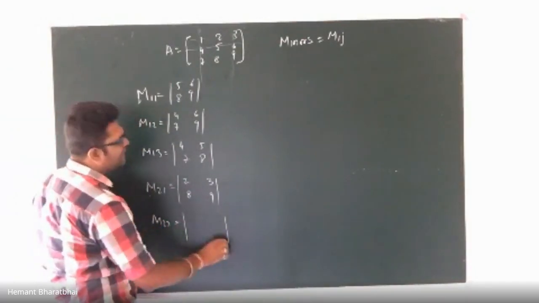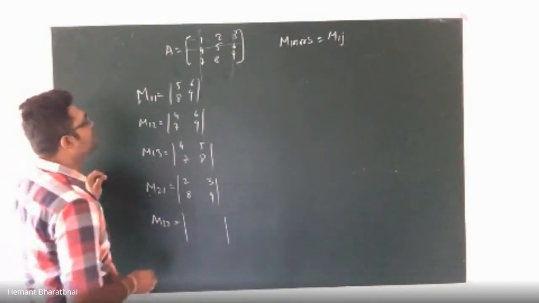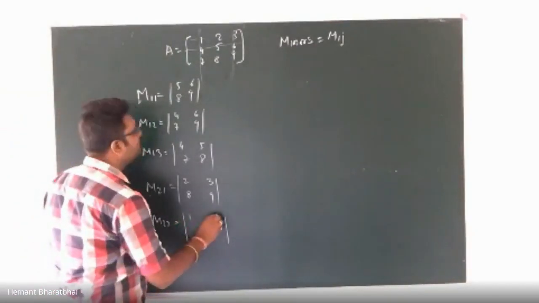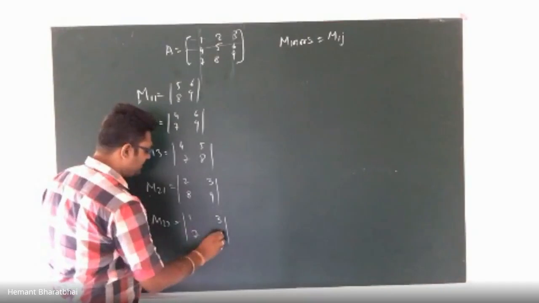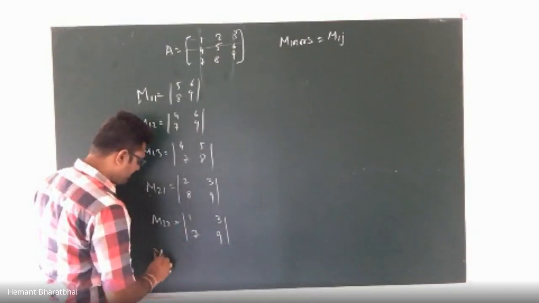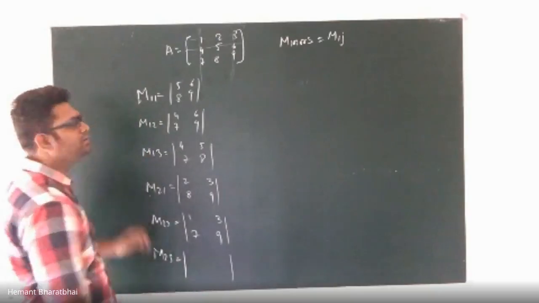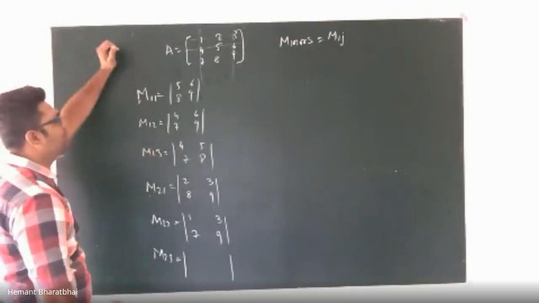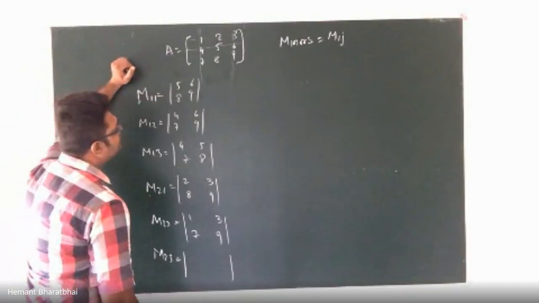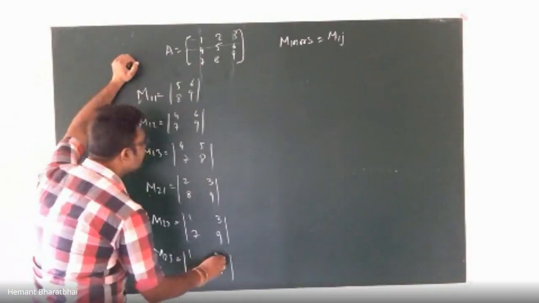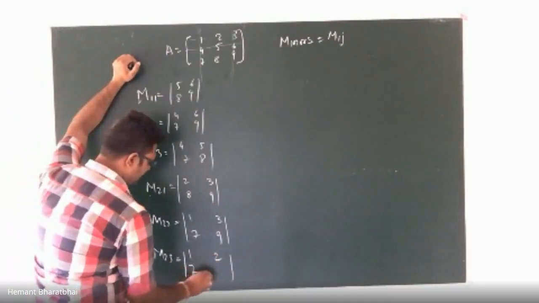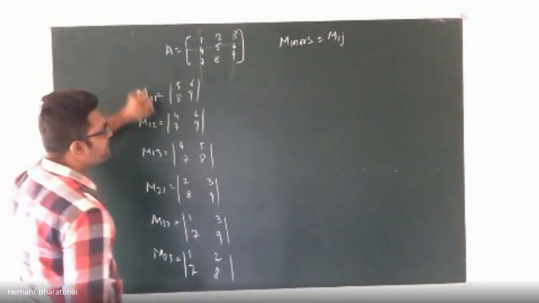M22: you will cancel second row and second column. So what remains is 1, 3, 7 and 9. M23: cancel second row and third column. So what remains is 1, 2, 7 and 8.